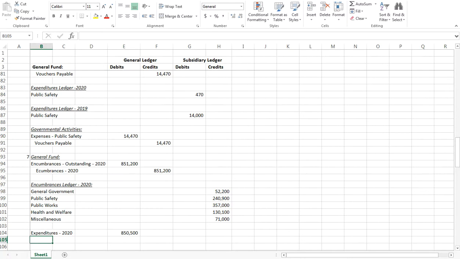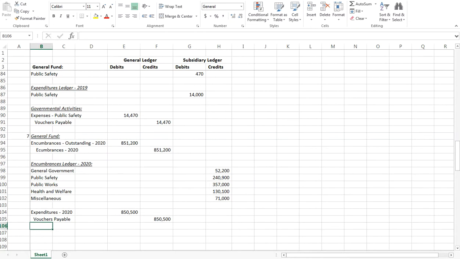And the reason these are different is because I had an estimate up here, and this is my actual. So that's my actual expenditure. And then I have vouchers payable, $850,500. So you reverse what you encumbered in the general fund and in the ledger, and then you show the expenditure. And then you show the expenditure ledger.